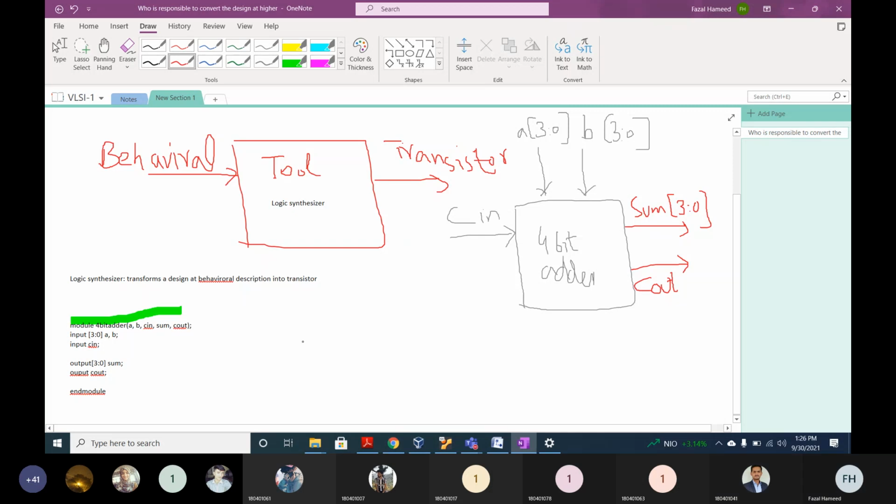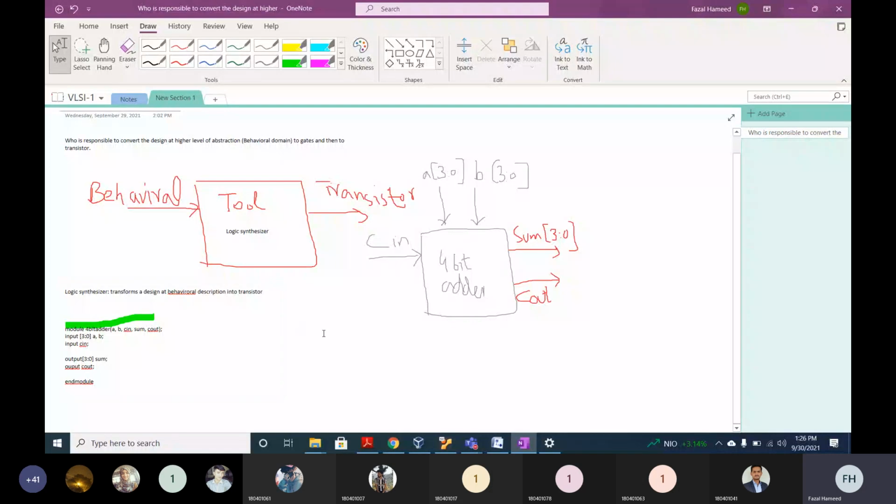Right, sir. Okay. So now what we can do is use 1-bit adders. Now we can use 4 adders. This is adder 0. This is adder 1. This is adder 2. This is adder 3.